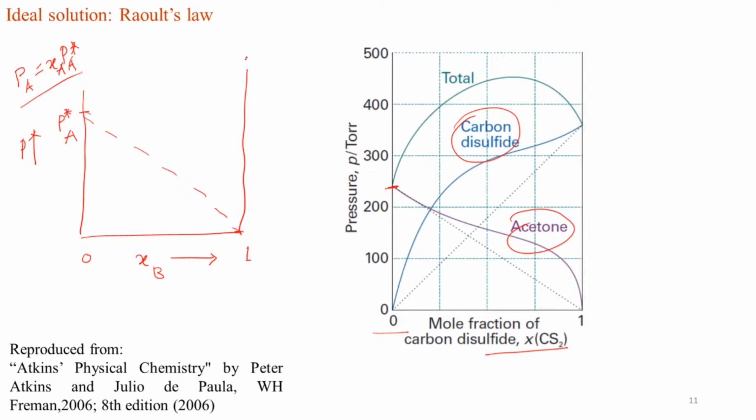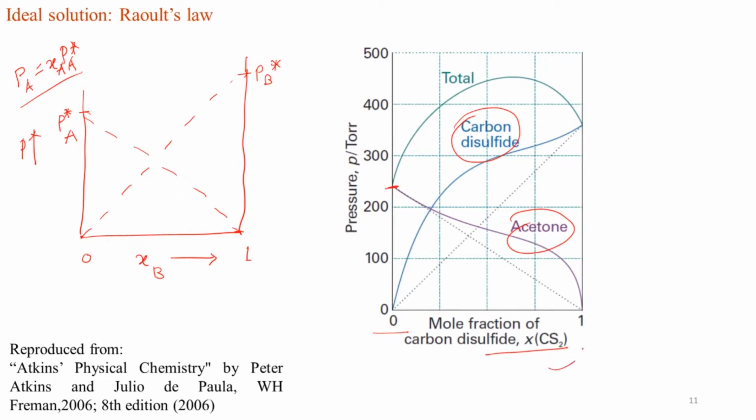Similarly for the other component, B, for Xb equal to 1, it will be the pure form of B, so it will have some pressure. Let's say Pb star is somewhere here, and then Raoult's law says that it will go from 0 to Pb star. So this is a very ideal case.